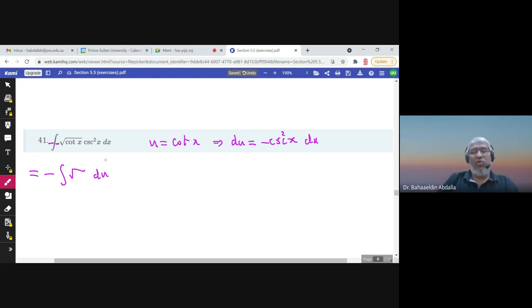And this is square root of cotan, which is the square root of u. U to the power half, the integral is like this. So the final answer would be cotan x to the power 3 over 2 plus c.